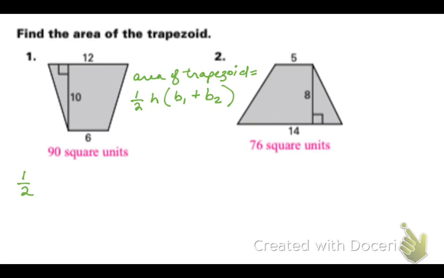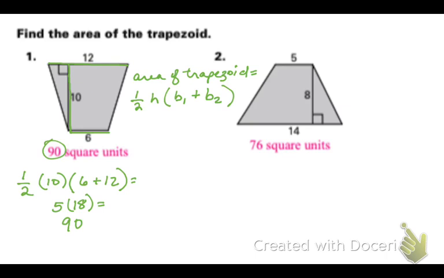My height, h, is going to be the height of the trapezoid, which is 10. My base 1 is 6, plus my base 2 is 12. And if we work that out, that is equal to 5 times 18, which is equal to 90. And sure enough, that's what we got.